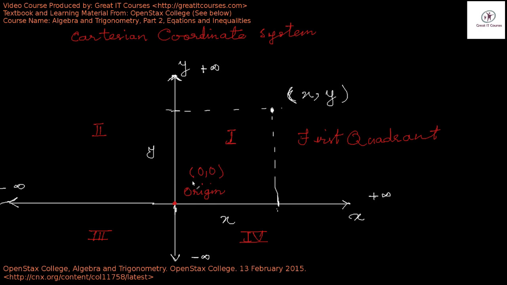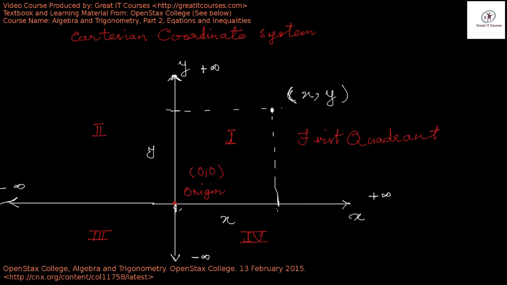That means that you have no displacement from the y-axis, so your x value is 0, and you have no displacement from the x-axis, which means your y is 0. So that's the origin. And from the origin, when you move on the x-axis to the right, you're basically moving in the positive x direction.